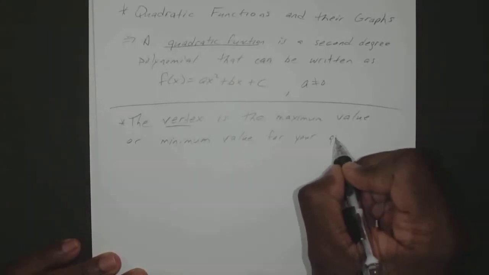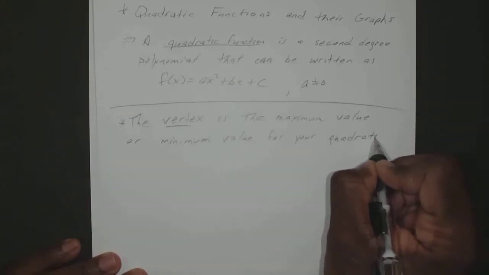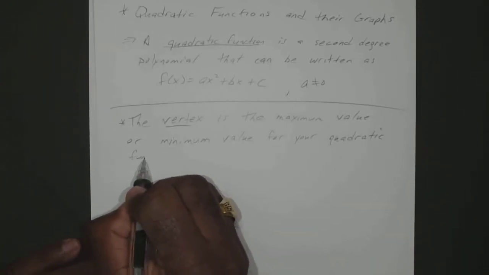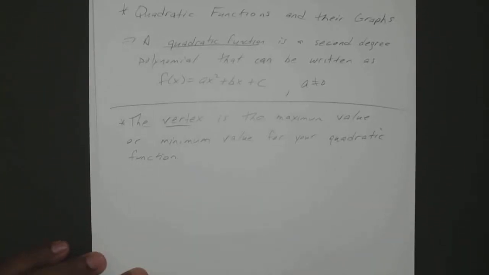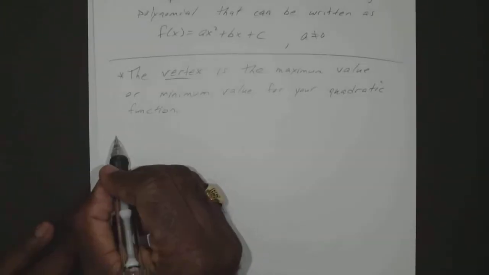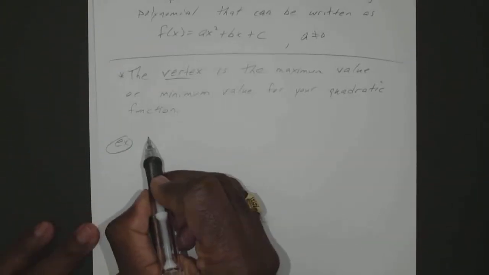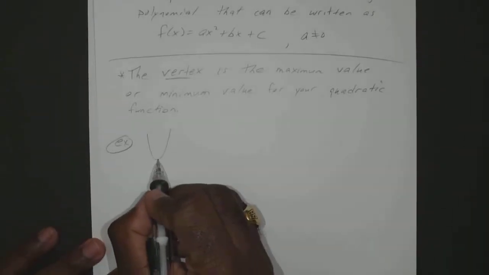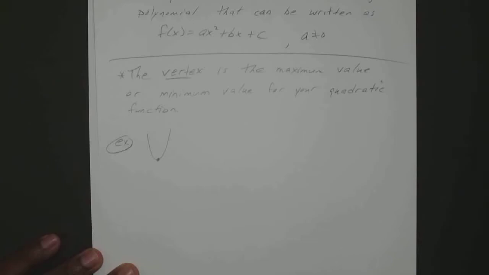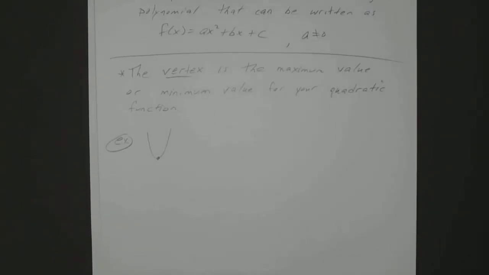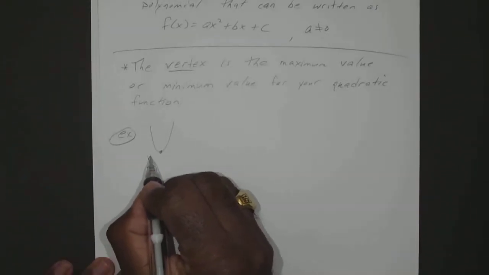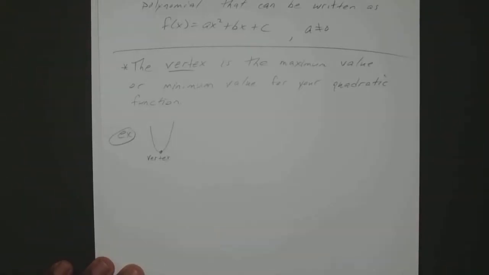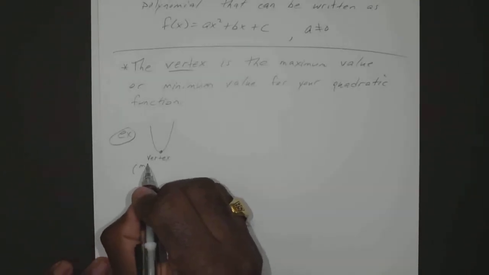All quadratic functions have either a U-shape or an upside down U-shape. So let's say, for example, if your quadratic function looks like that, then your vertex would be the lowest point on that graph. So your vertex here is your minimum value.